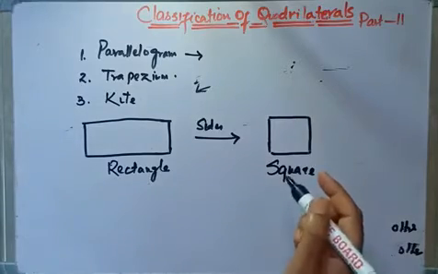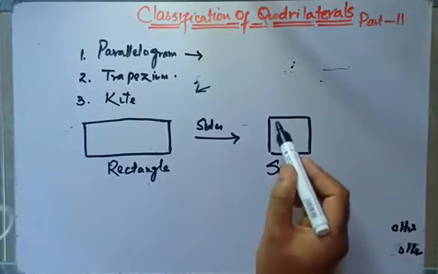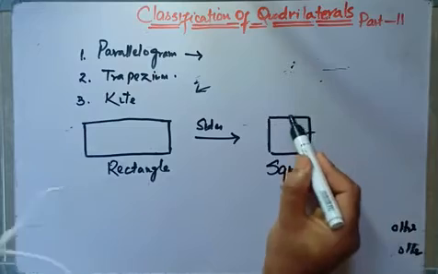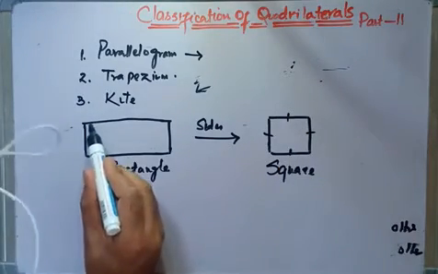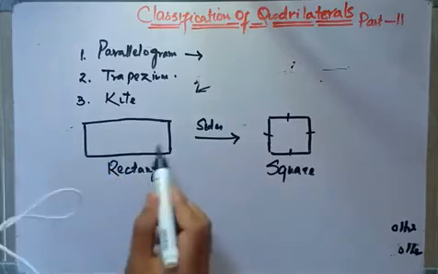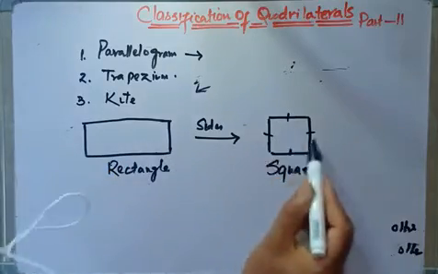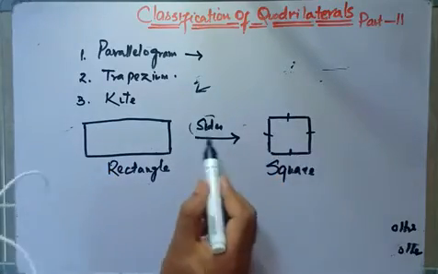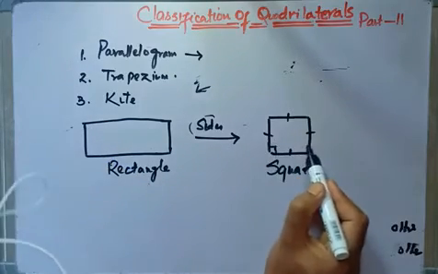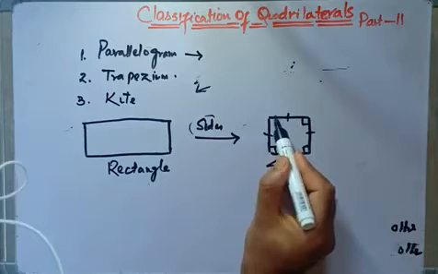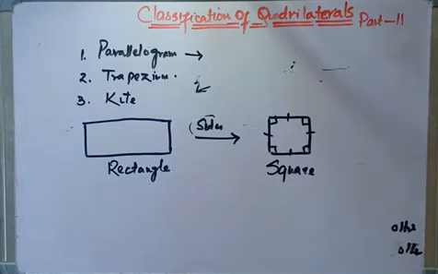In a square, you can see that all sides are equal. This side is equal to this side is equal to this side. Since we modified this rectangle into the square with respect to sides, the angles won't vary. All the angles will be equal to 90 degrees.